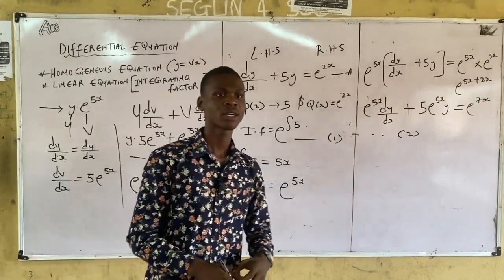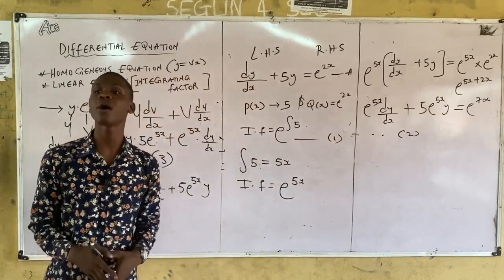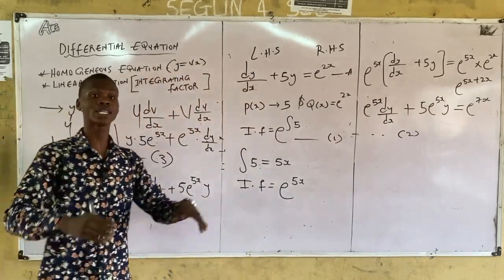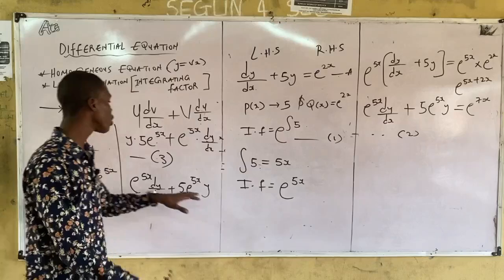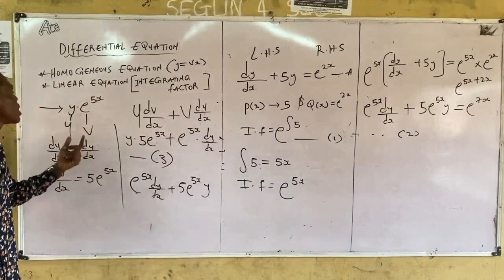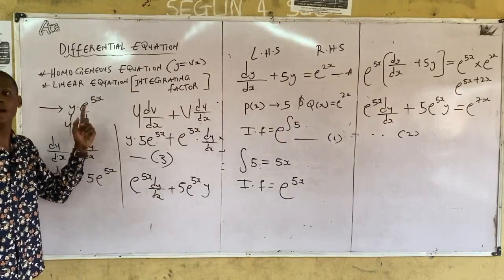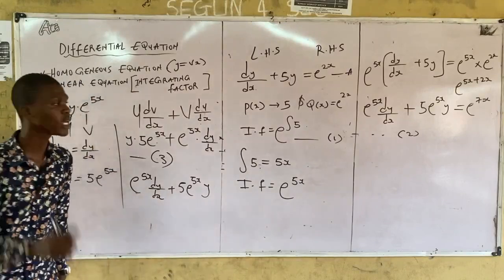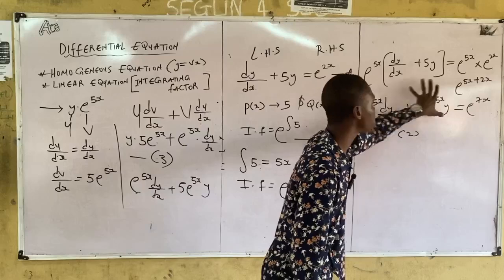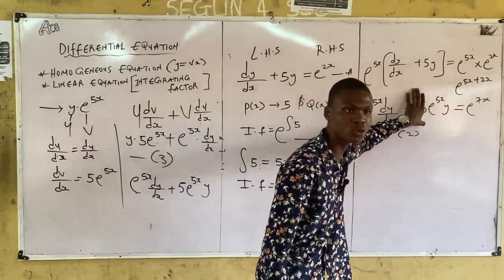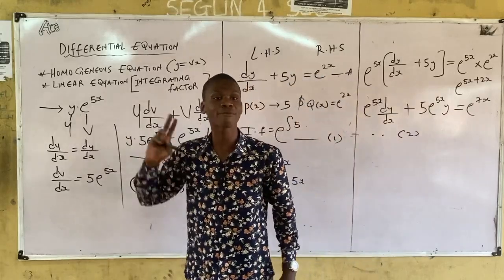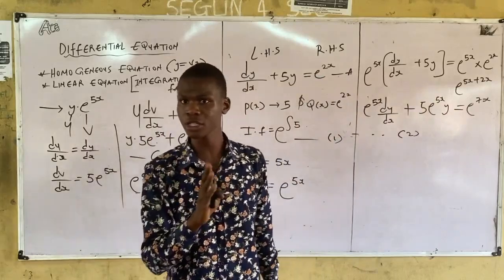Both of them are the same. How did we get this? We got this by saying y times exponential 5x, meaning I can substitute this whole equation 2 as y exponential 5x. You understand the logic?